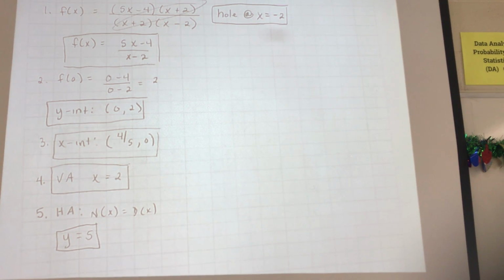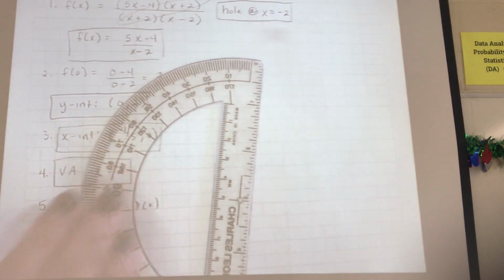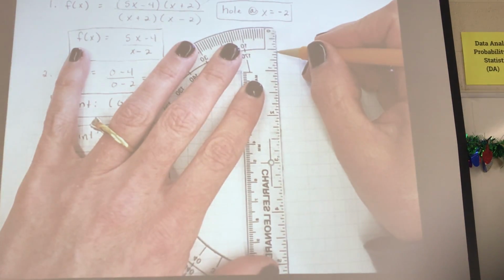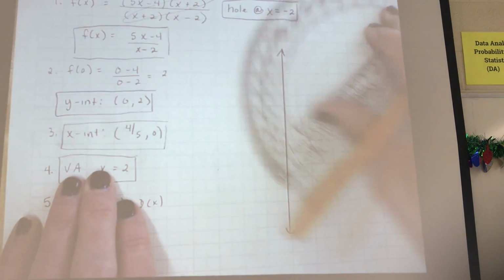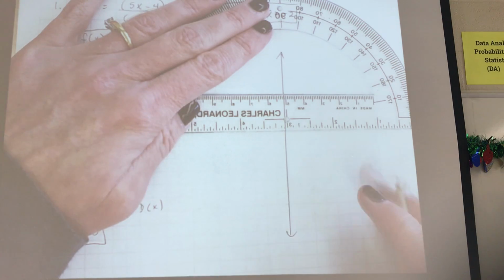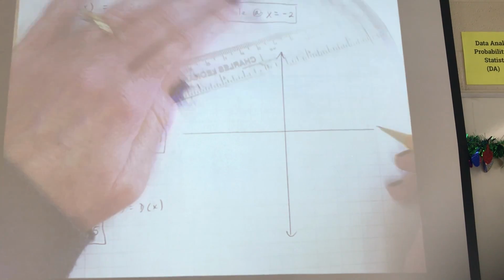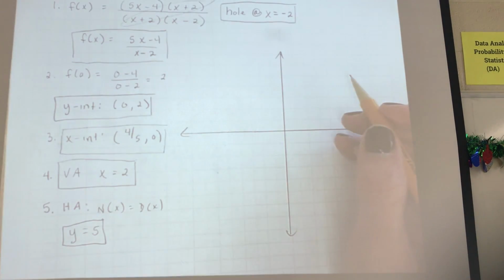I'm going to go ahead and start to construct my graph. So, use a set of axes here. And I will go ahead and plot my asymptotes and my intercepts.